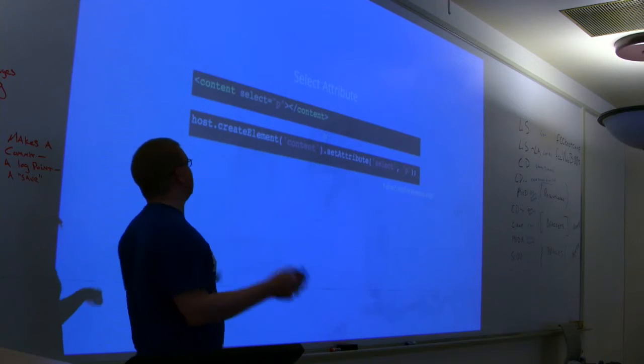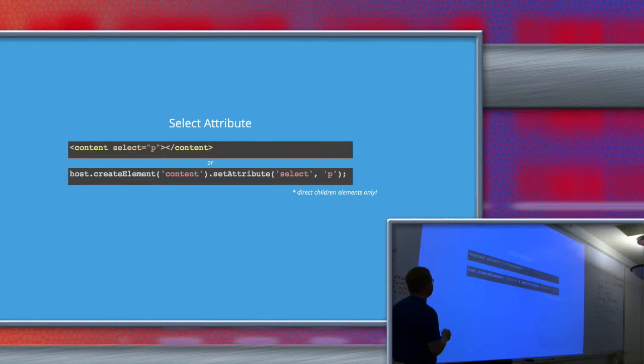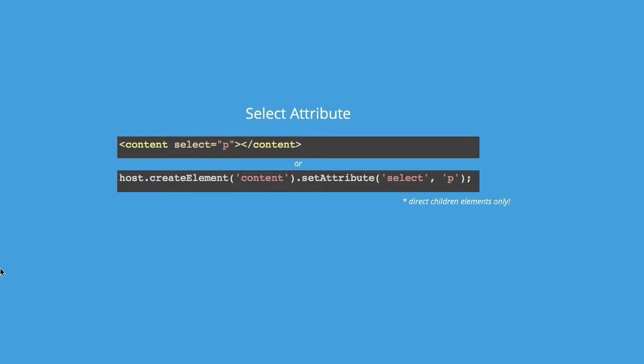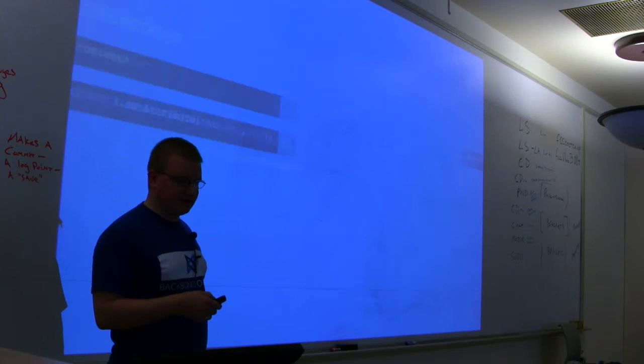All right, so we've seen content before. This is something new. Before, all the content that we had, any of those nodes, would automatically get rendered in our shadow tree. But what if we wanted to be more specific with that? What if we wanted to say, I only want to take all the paragraphs and show those here? That's what we can do with select.